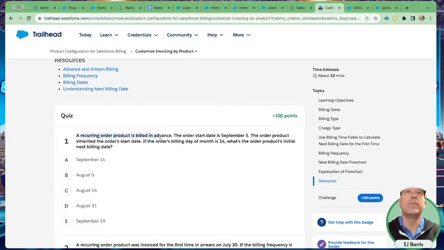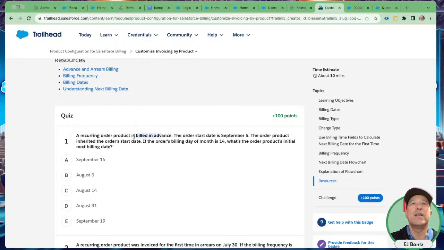The recurring order product is billed in advance. The order start date is September 5th. Order product inherited the order's start date. If the order's billing day of month is 14, what's the order product's initial next billing date?